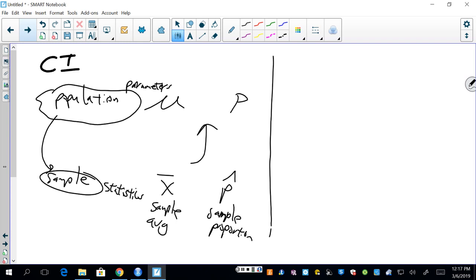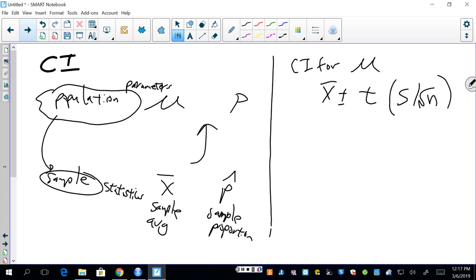Based on the probability theory, distribution theory, we determined that we could do a confidence interval for the mean as X bar plus or minus some t-value times an estimate of the standard error, s over the square root of n. This is based on a t-distribution, and whatever level of confidence we want.